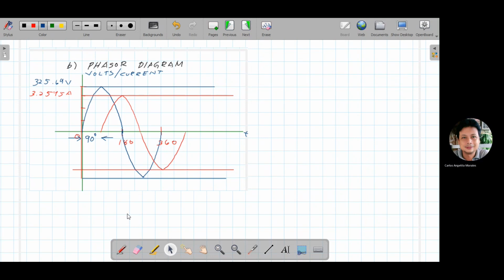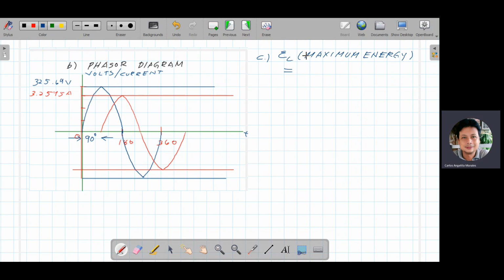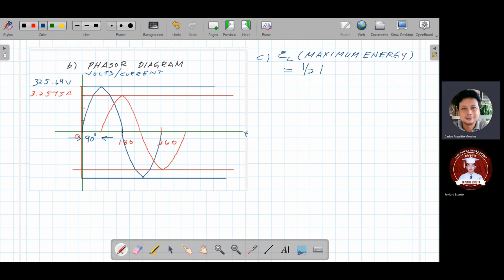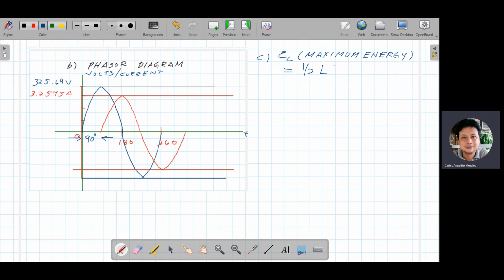Letter C. The energy in the inductance, maximum energy niya, which is ang formula niyan ay 1/2 L I maximum squared.